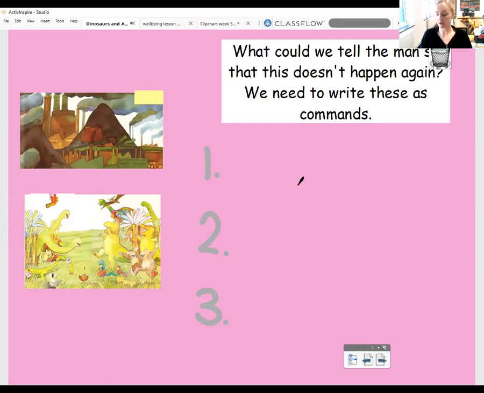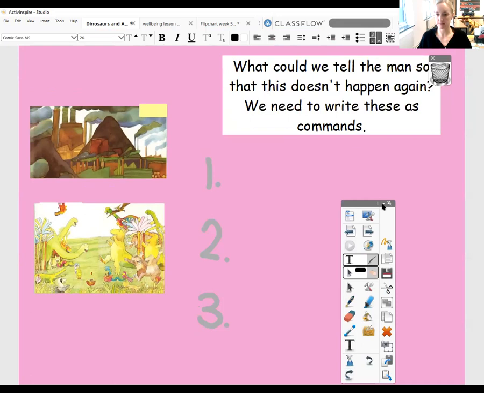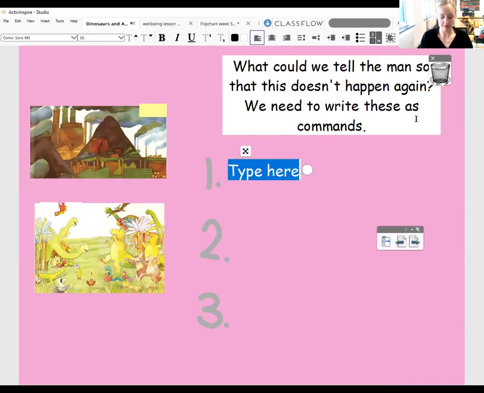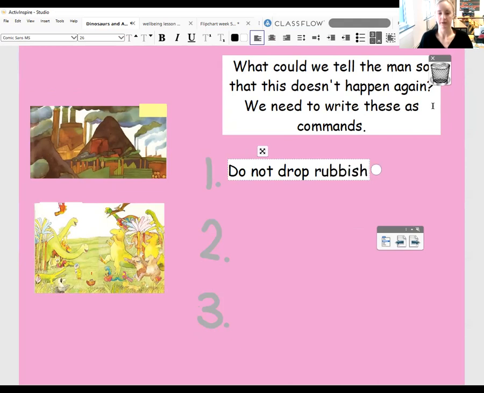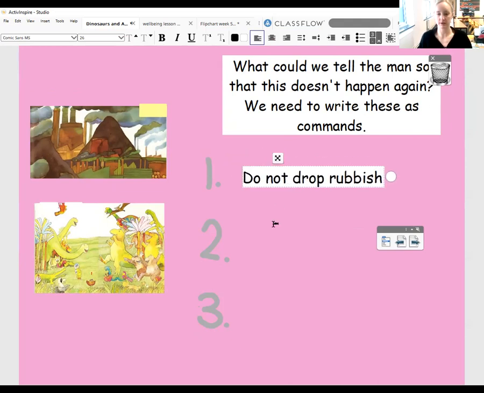So let me tell you my first one then. My first command is going to be this. I'm going to have do not drop rubbish. Okay, that is my first command. You need to think of 3 commands that you're going to tell the man.